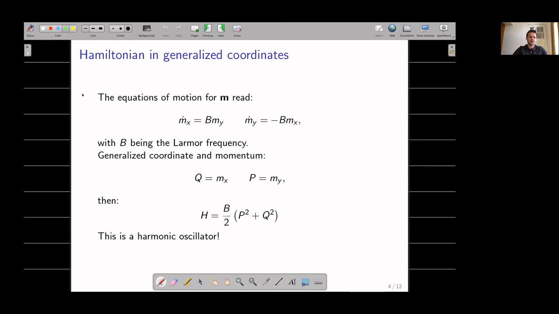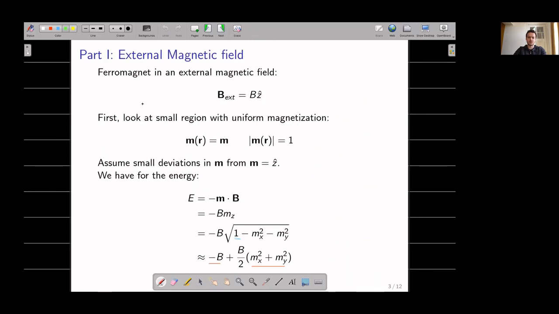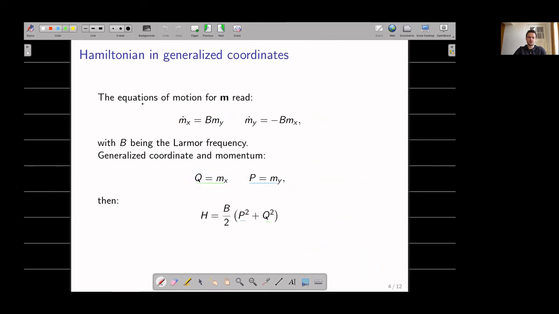Now, next question is, can you go back to the slide when you write the H in terms of P and Q? Yes. So here is H in terms of P and Q. So I'm expecting you to ask a question now.